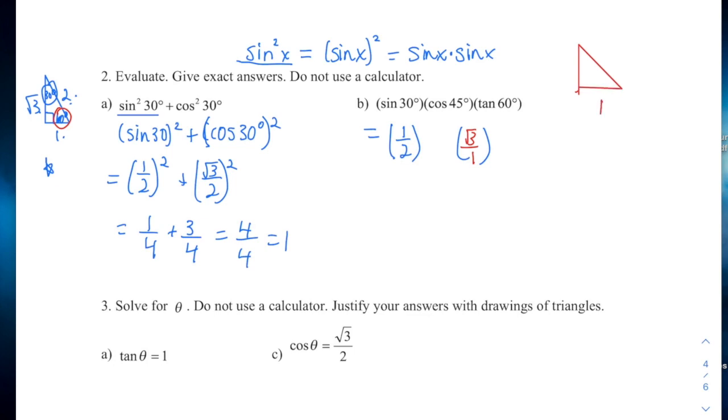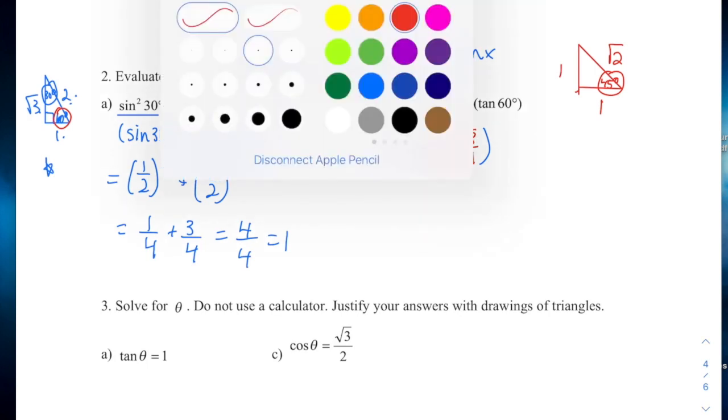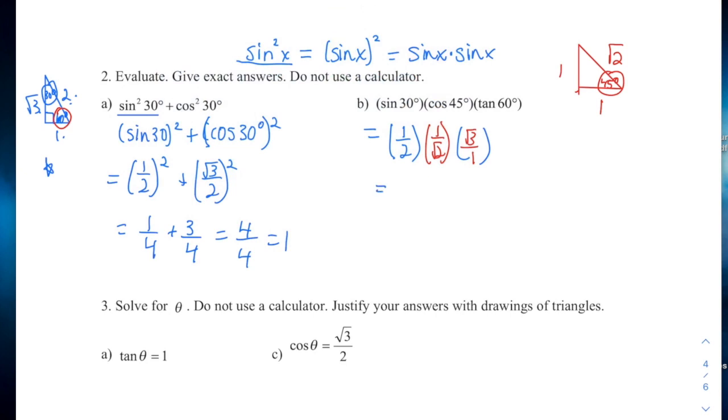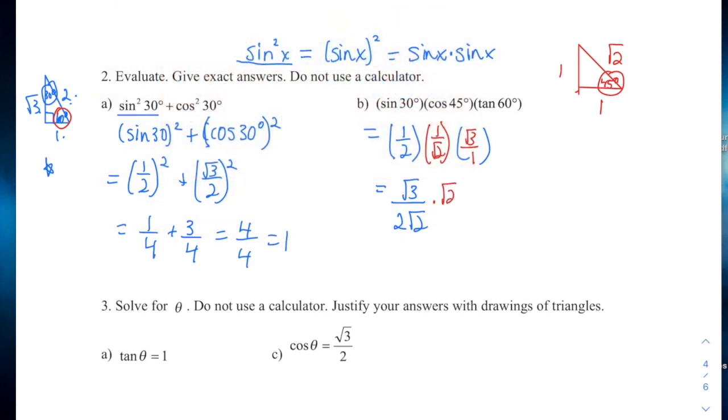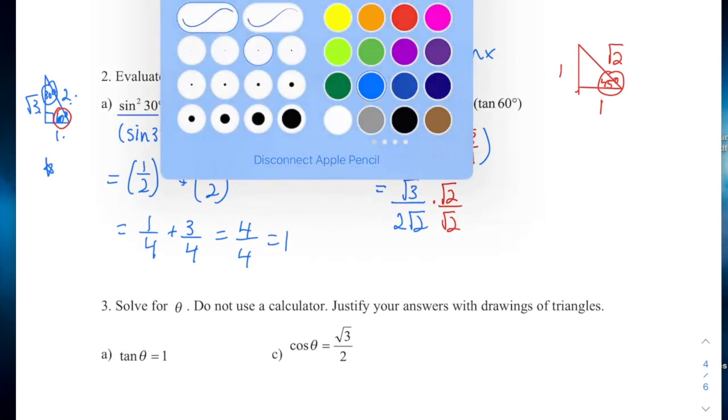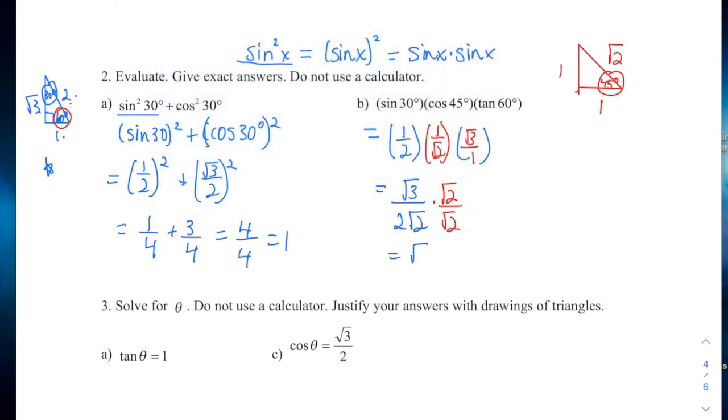If I have 1, root 2 and I take 45 degrees, I get adjacent over hypotenuse, which is 1 over root 2. So I multiply all the numerators together, I multiply all the denominators together. I don't like that radical in the denominator, so I'm going to multiply by root 2 over root 2. So we end up getting root 6 over 4.